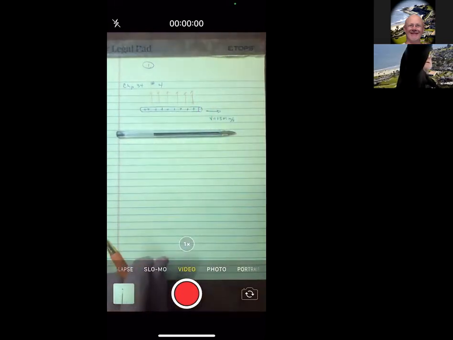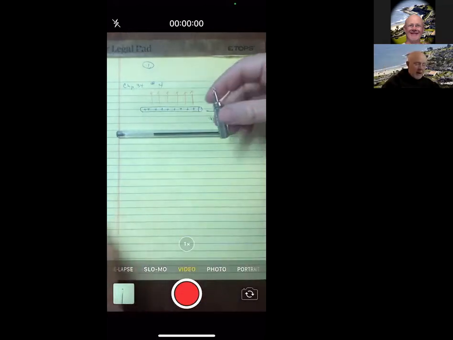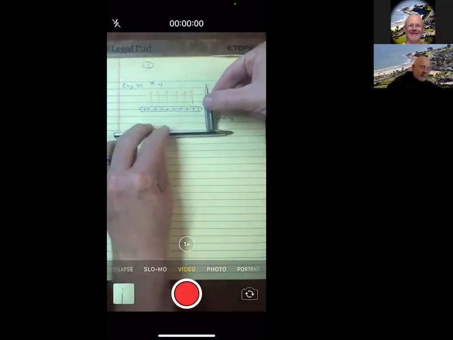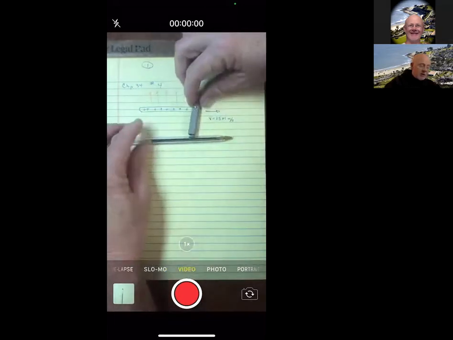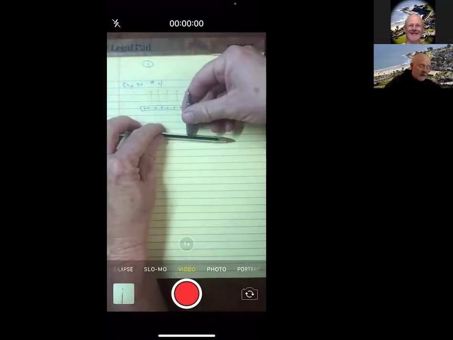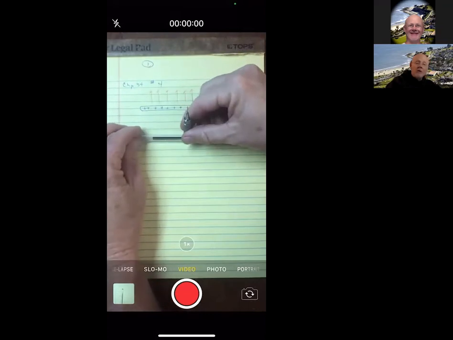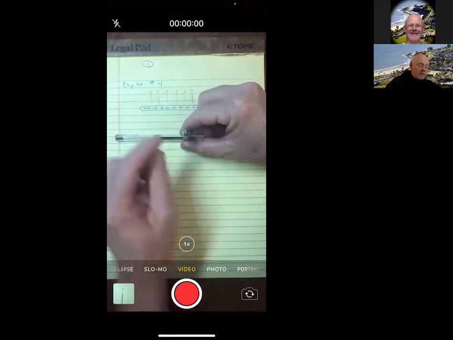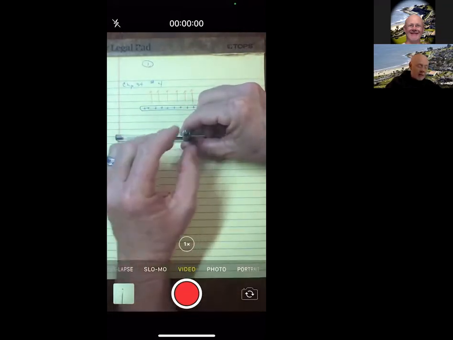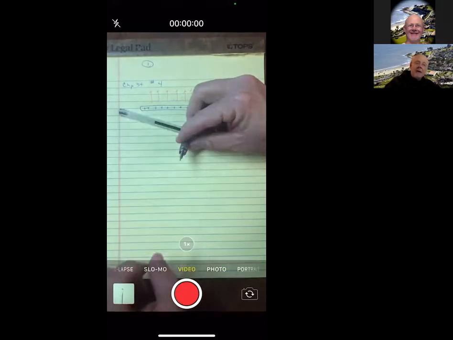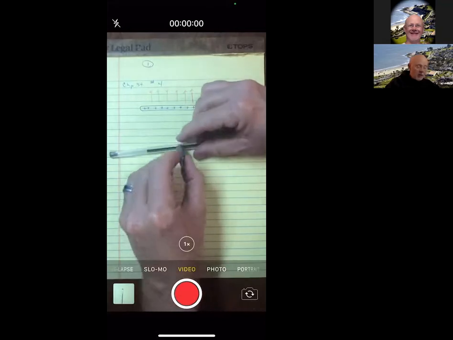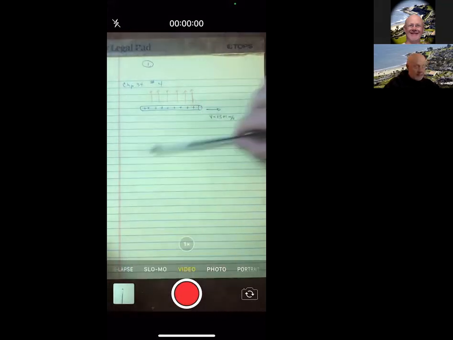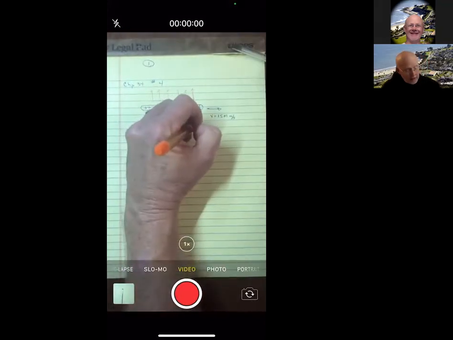I'll use my little arrowhead here with the old pencil. The arrowhead would be pointing this way, but it would also be pointing radially outward. So in 3 dimensions, it would be pointing up towards the camera here. And then I can lay it over and it would be pointing downward. So this is what I'm trying to draw in this picture.